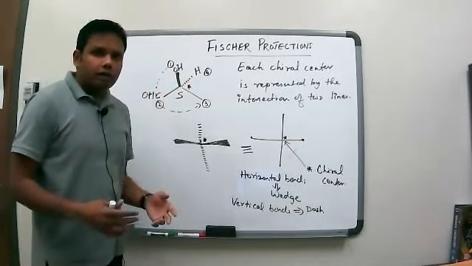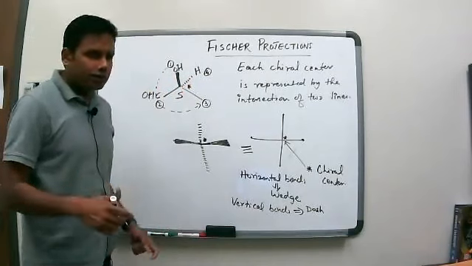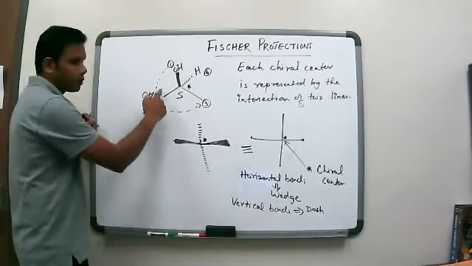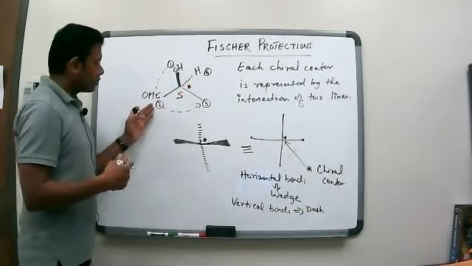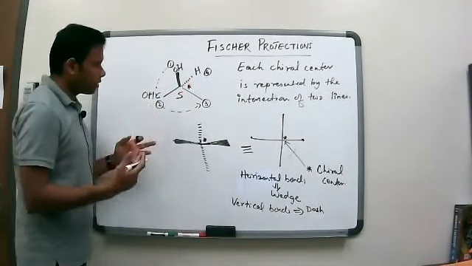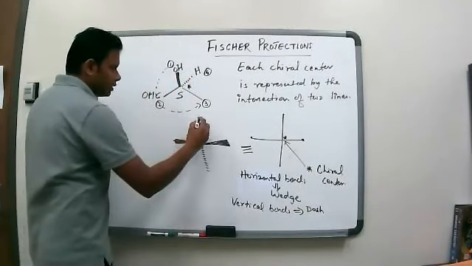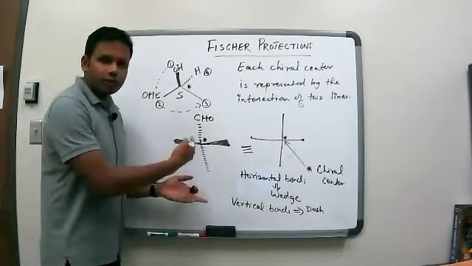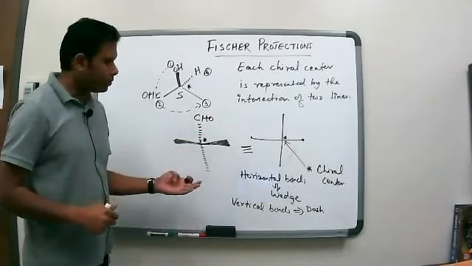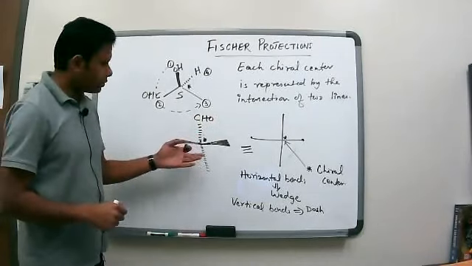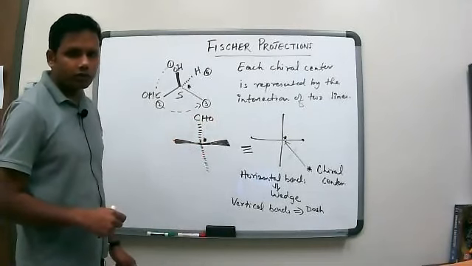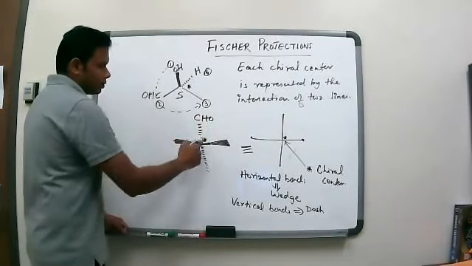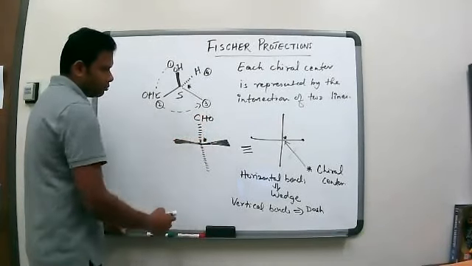Now, by convention for sugars, we usually put the aldehyde group, which is actually the most oxidized carbon in the molecule, at the top. This does not have to be followed, but this is a convention that you're going to see for sugars. Whenever you look at a sugar molecule, that convention will be followed. So it's always considered to be at the top of these vertical bonds.